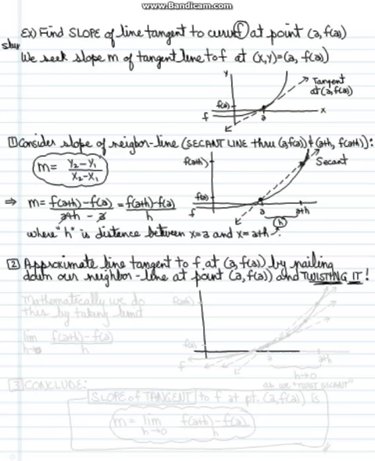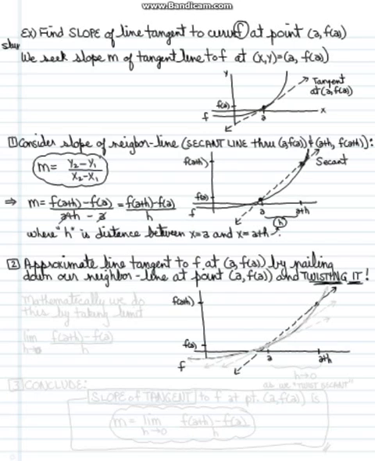Well, here's the y-axis, here's the x-axis. Let's see, here's our curve f. Here's the point x equals a. Here's its y partner, f of a. Here's our second point, a plus h, and its y partner, f of a plus h. And then here's that secant line that connects those two points together.